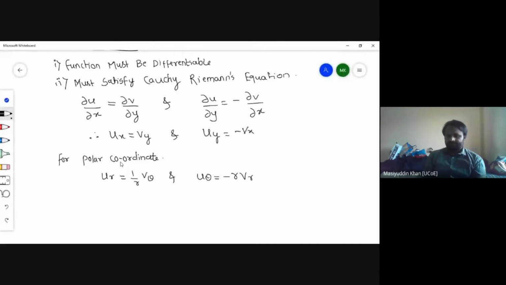So for polar coordinates, the Cauchy-Riemann equations are ur is equal to 1 by r into v theta, and u theta is equal to minus r into vr.